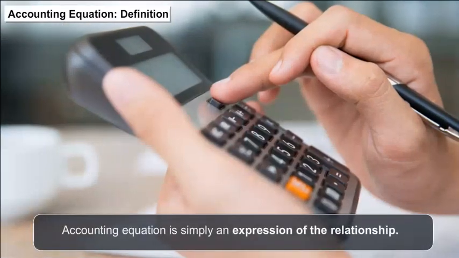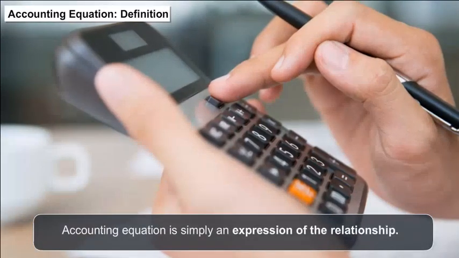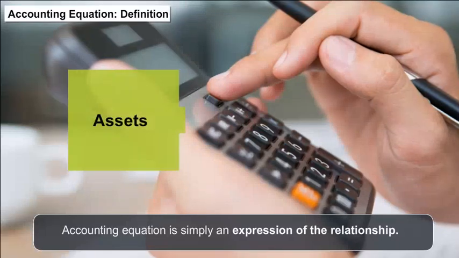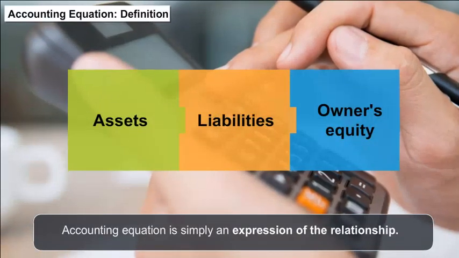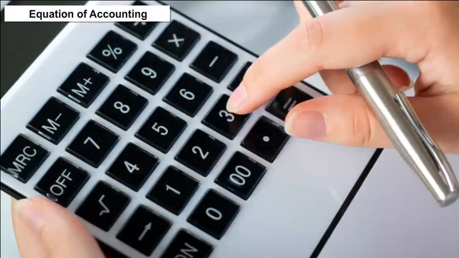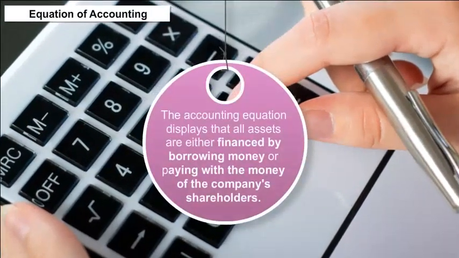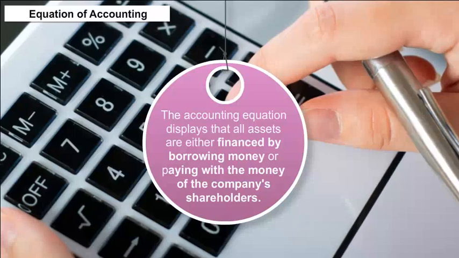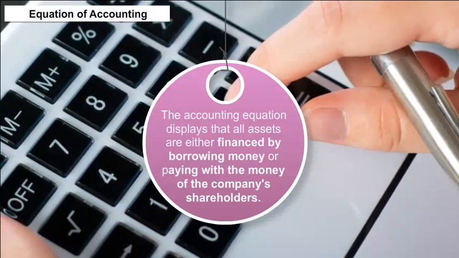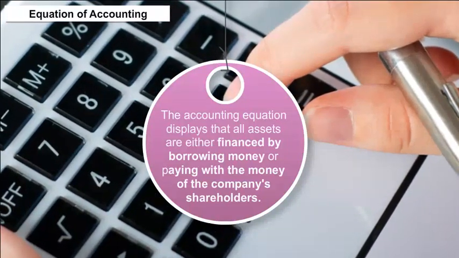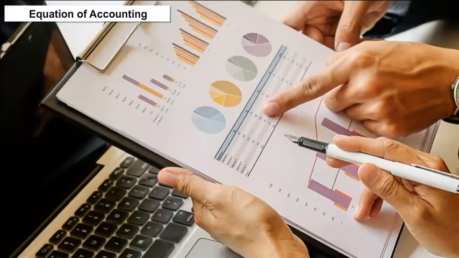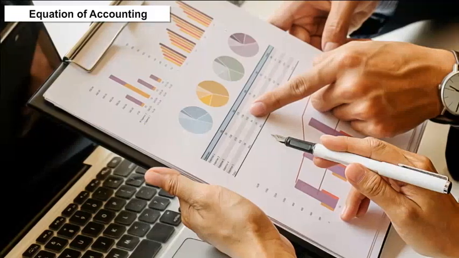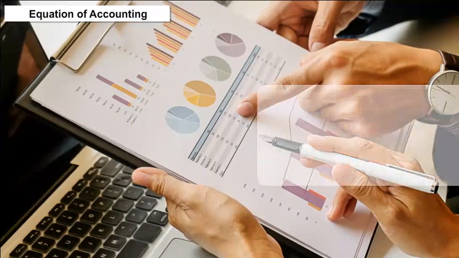The accounting equation is simply an expression of the relationship among assets, liabilities, and owner's equity in a business. It displays that all assets are either financed by borrowing money or paying with the money of the company's shareholders. Thus, the general form of the accounting equation is given below.